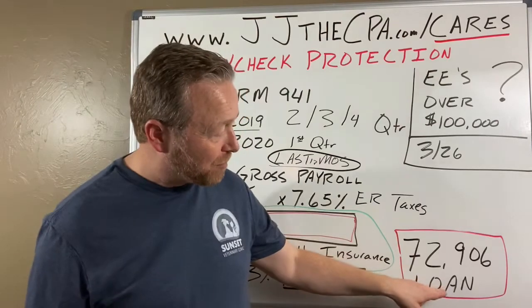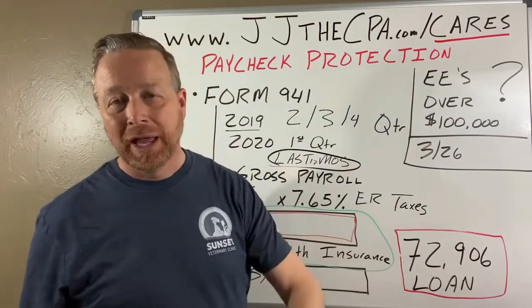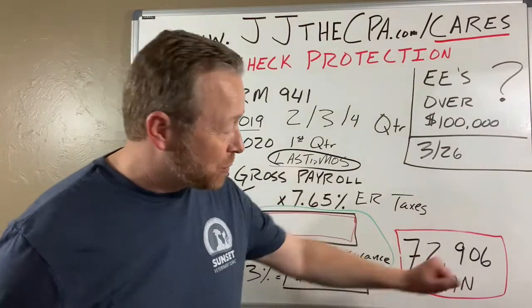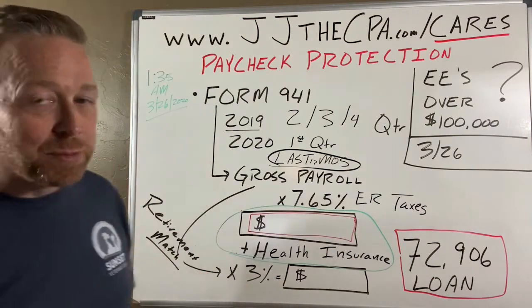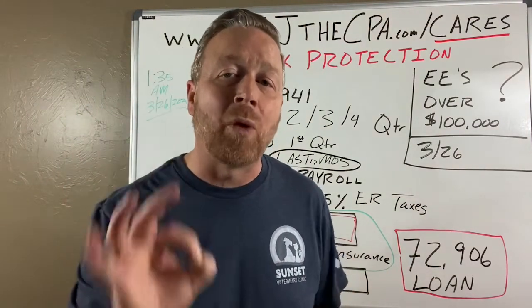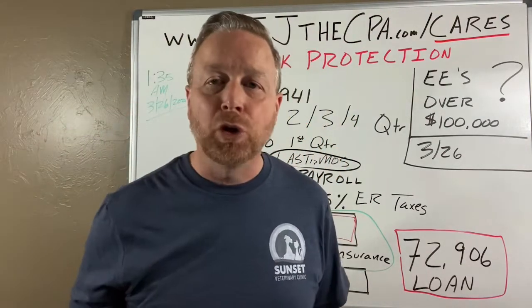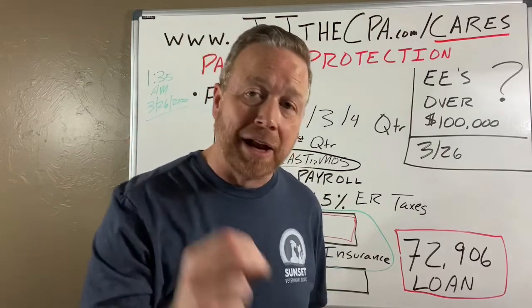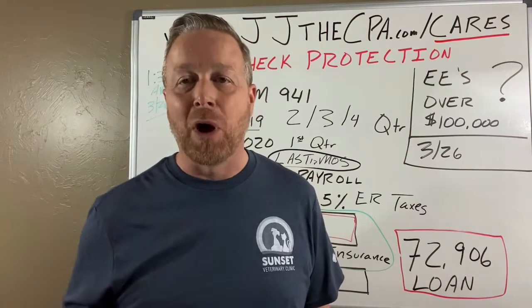Remember, just before that was the 72,906, but it included health insurance and the retirement. So when we go to the 72,906, then you're gonna look at, well, what is the health insurance? What was the retirement match? But if you're in a panic and you need to know it right now, in 45 seconds, what was your gross payroll times 7.65%, divide it by 12 times 2.5, that's gonna be your ballpark of the loan.